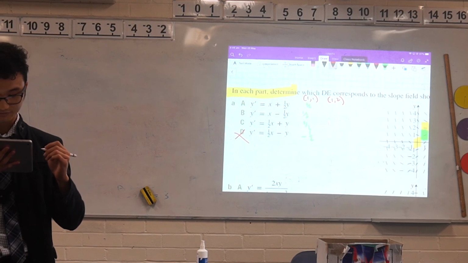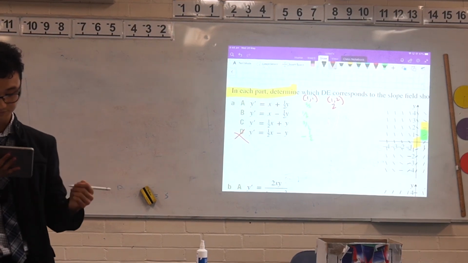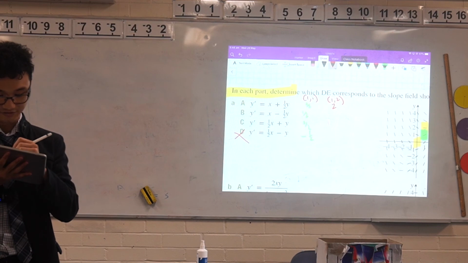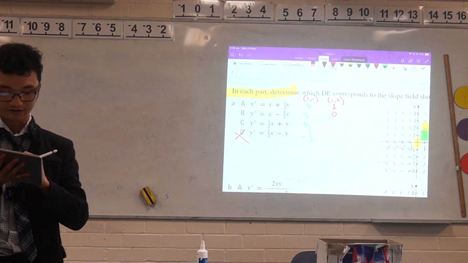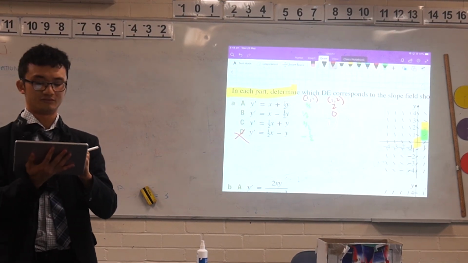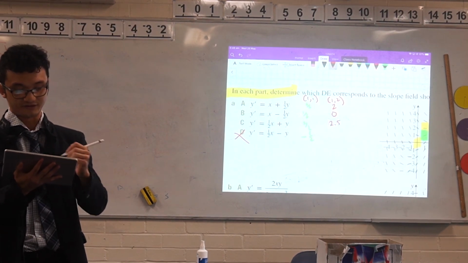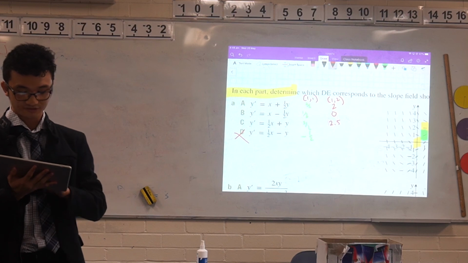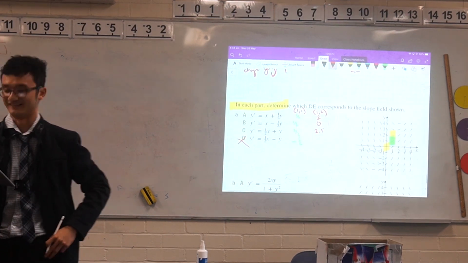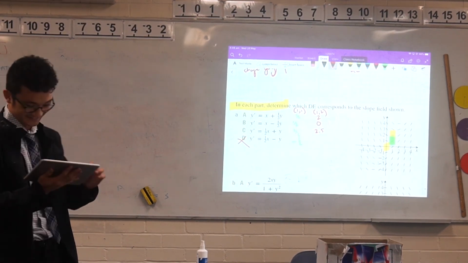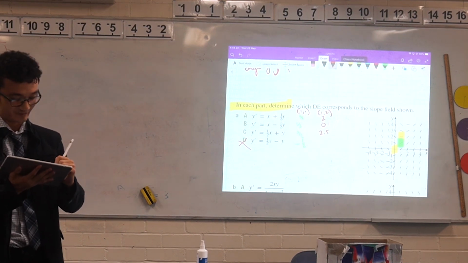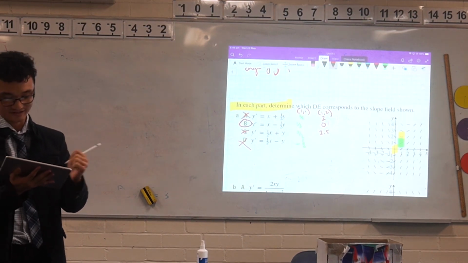It looks like it's going to be 2. This one looks like it's 0. And this one is only 2.5. There's only one of them that's 0. Naturally, right. So B looks like it's the best option here because these ones aren't.